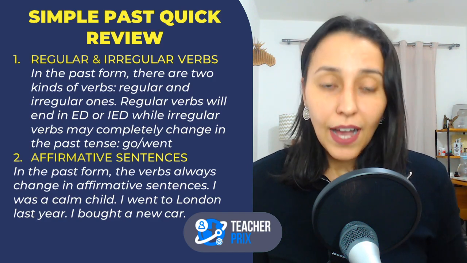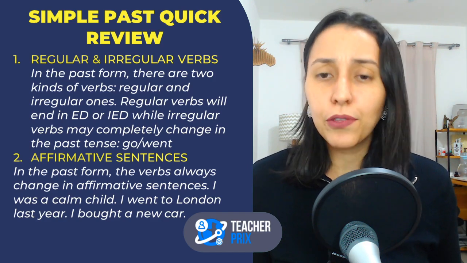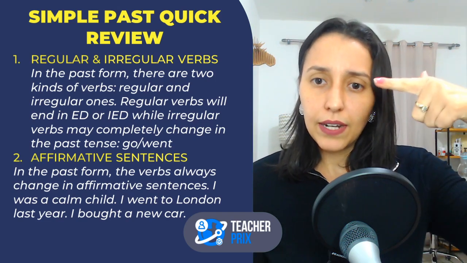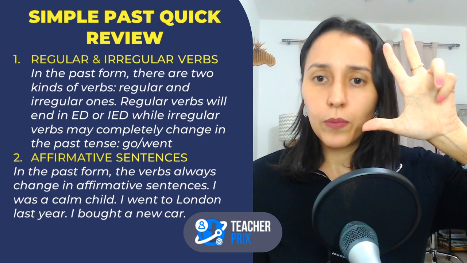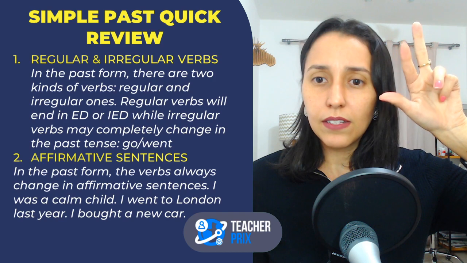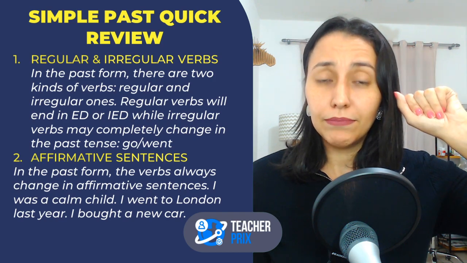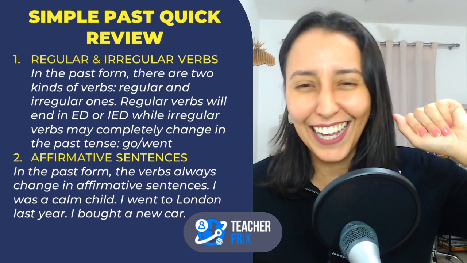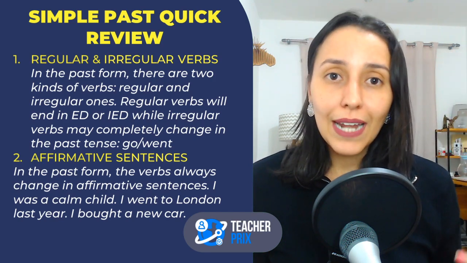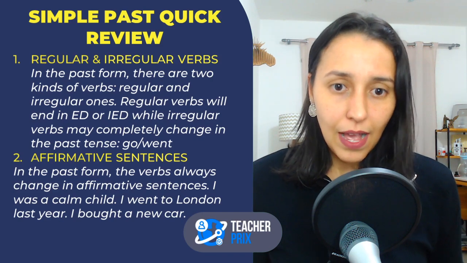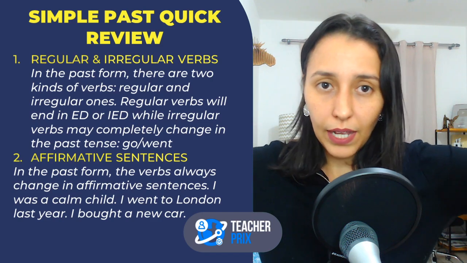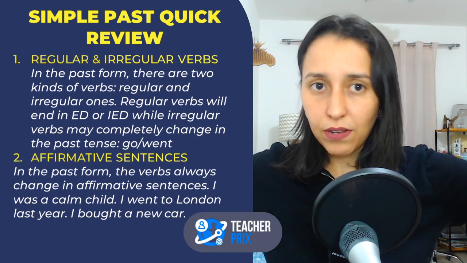Now, affirmative sentences. We have three types of sentences: affirmative, negative, questions, okay? When we're talking in the past, we can make affirmative sentences, we can make negative sentences, and we can make questions. Now, when I make affirmative sentences, for example, in the present, I like soccer, I drink water, I visit my friends on Sundays.